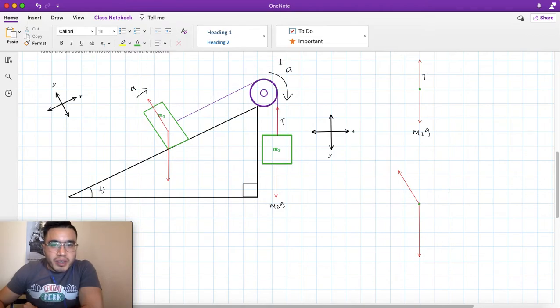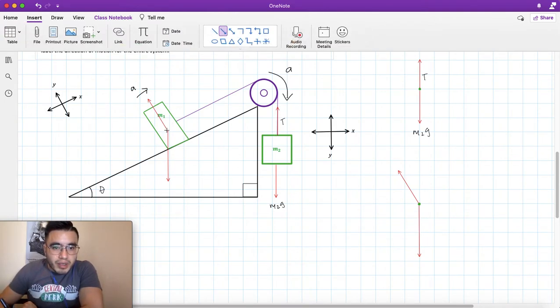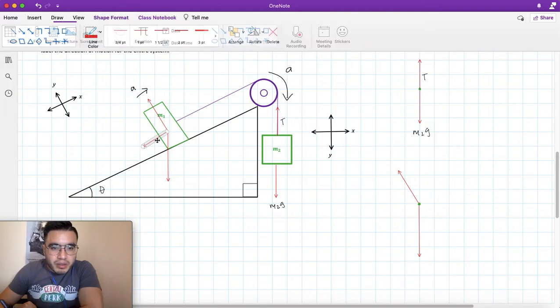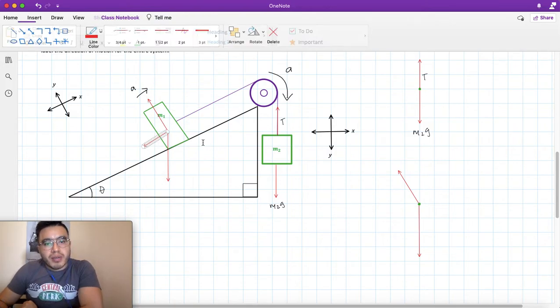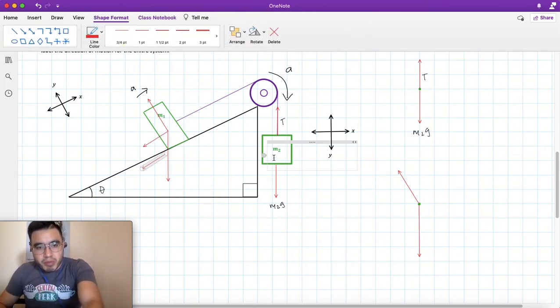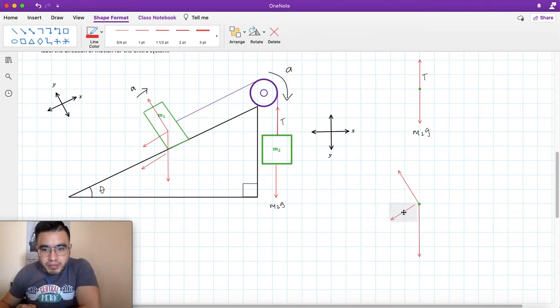Since it's moving, right, like this, don't forget that friction always opposes motion. So I need a vector for the force of friction. Now since it's moving, I hope you remember this is kinetic friction. You'll see why this is important.